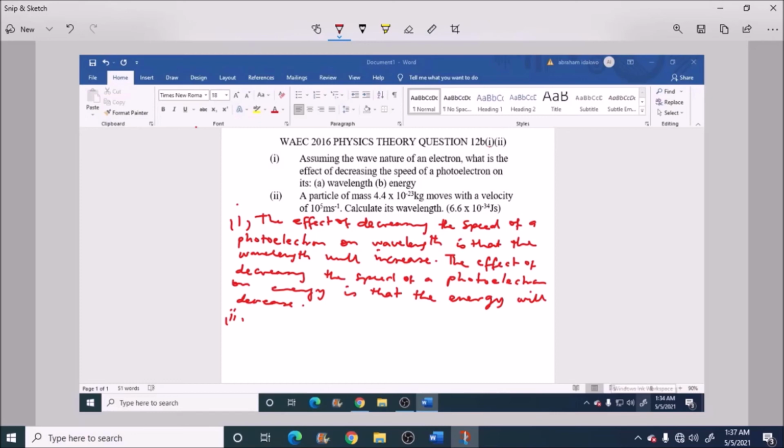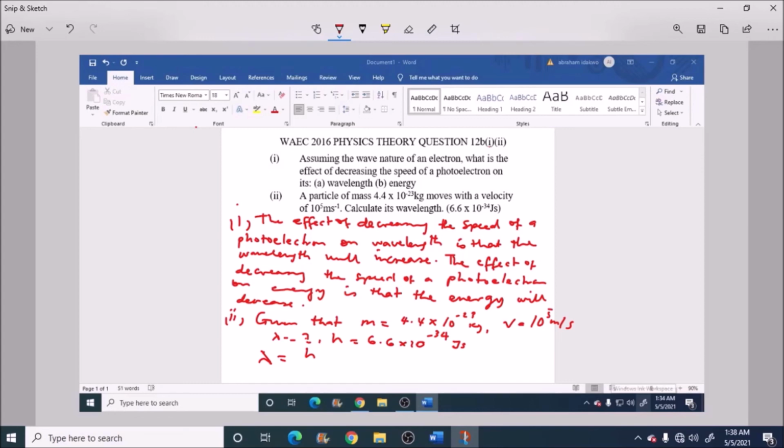The wavelength is unknown, and then we have the Planck constant to be 6.6 times 10 raised to power minus 34 joule seconds. So using the formula, wavelength equals the Planck constant over the mass and the velocity.